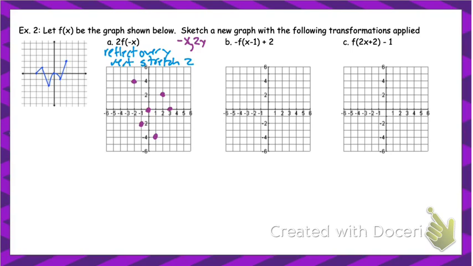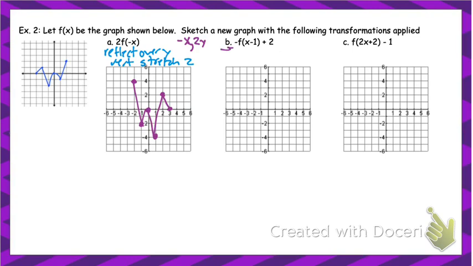And now I can connect those points. So I'm going straight line, curve, straight line. So you can see it's the same graph, but it's been reflected over the y and it has been stretched by 2. On B, what I'm going to do is I'm going to tell you the transformations, and then I'm just going to say how we would affect those coordinates.